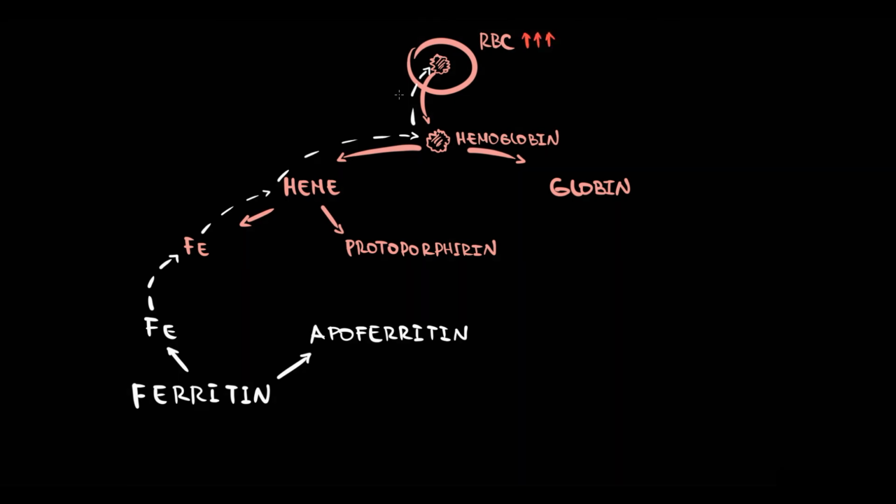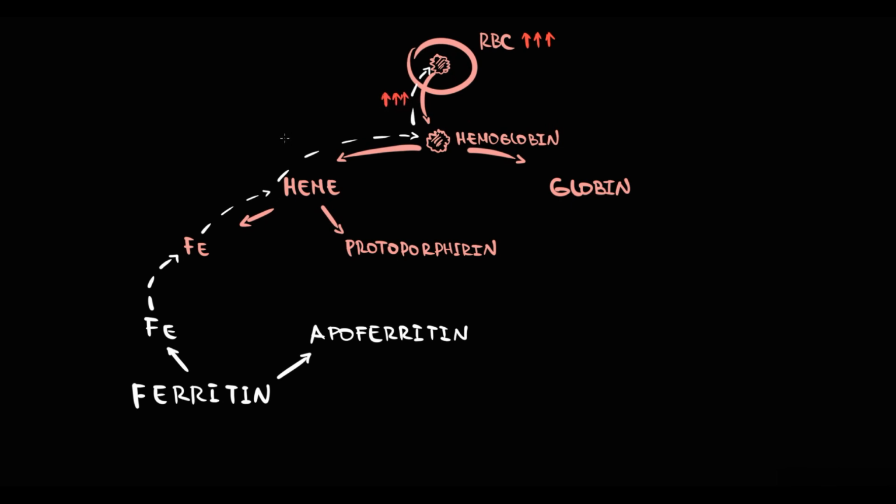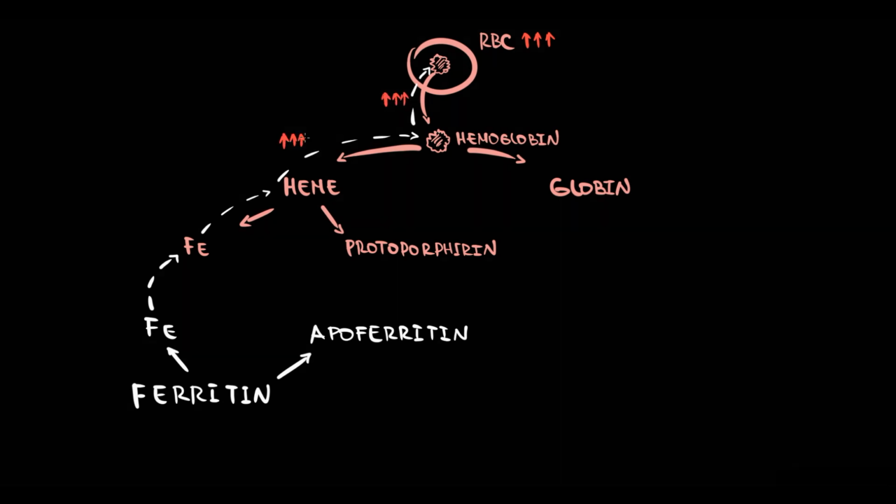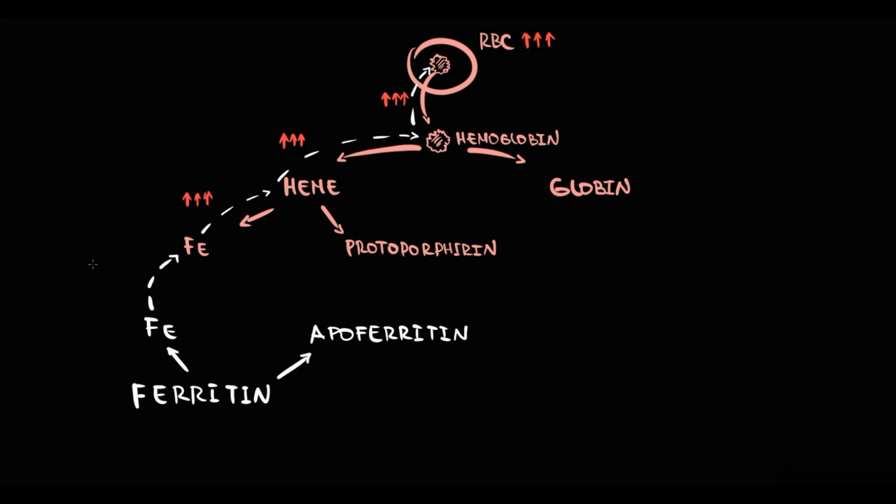So the higher the production of red blood cells, the more hemoglobin molecules we need, thereby the more heme molecules we have to produce. So the higher will be the amount of iron molecules that we will take from the ferritin. So because in polycythemia we have hyperproduction of red blood cells, the amount of ferritin is very low.